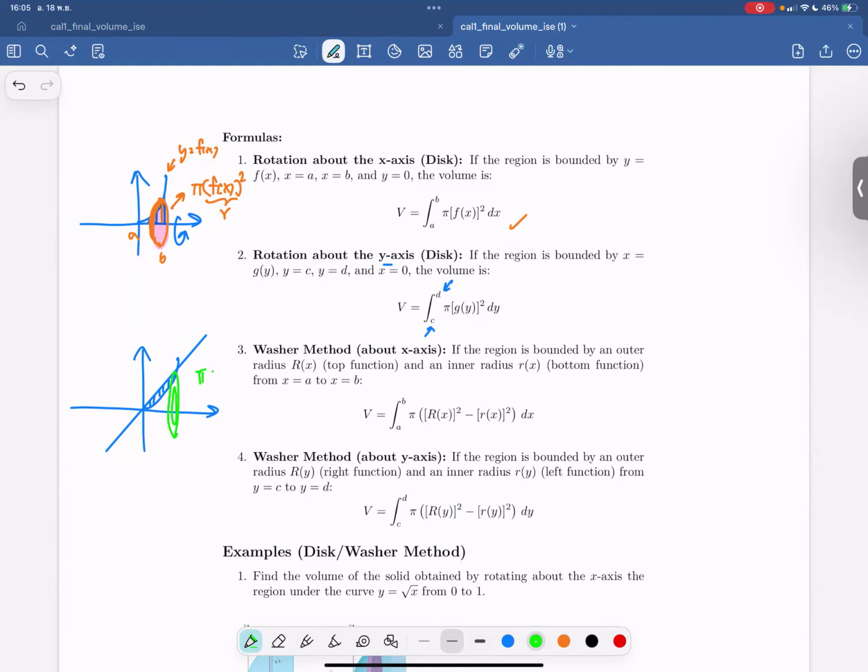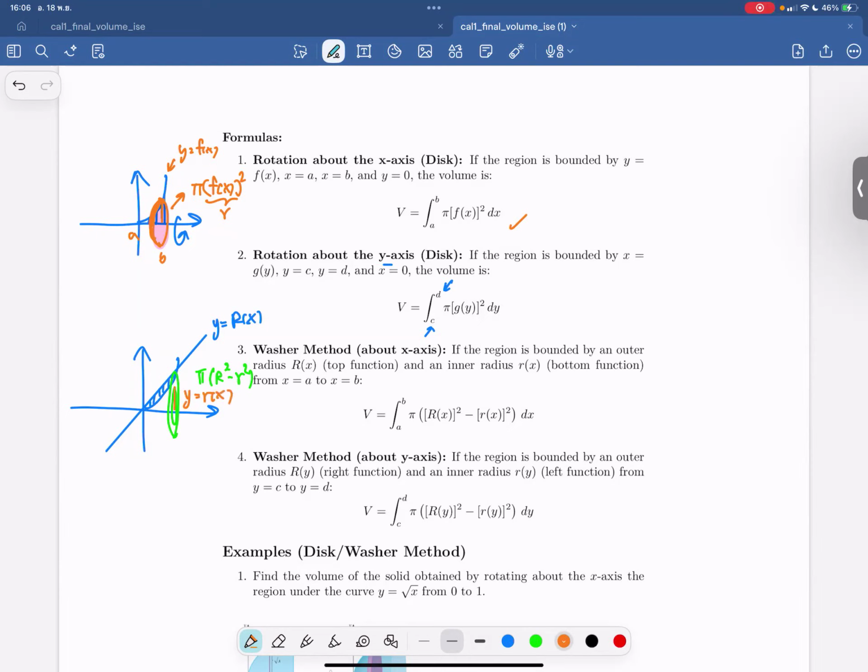The area of the section should be pi times the big radius squared minus the small radius squared. The big radius is just the above function, say y equals f(x), minus the inner radius function, the small one.